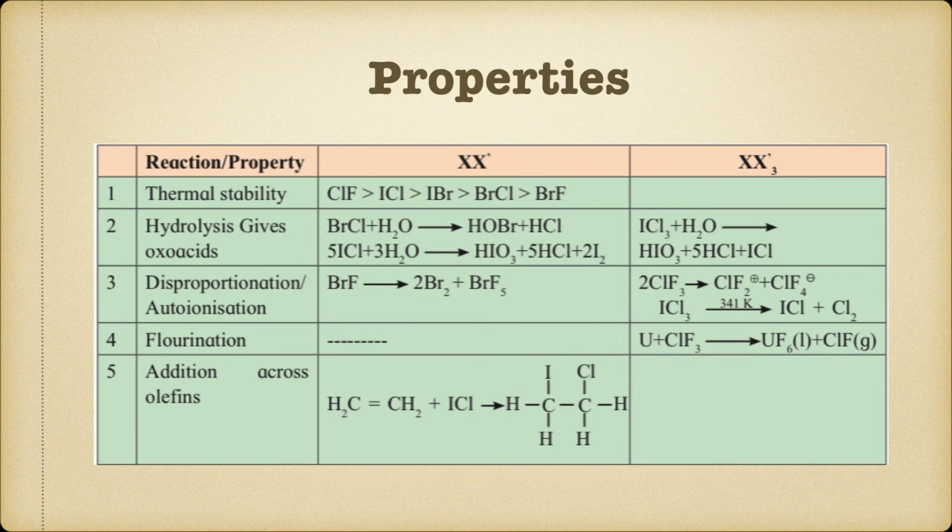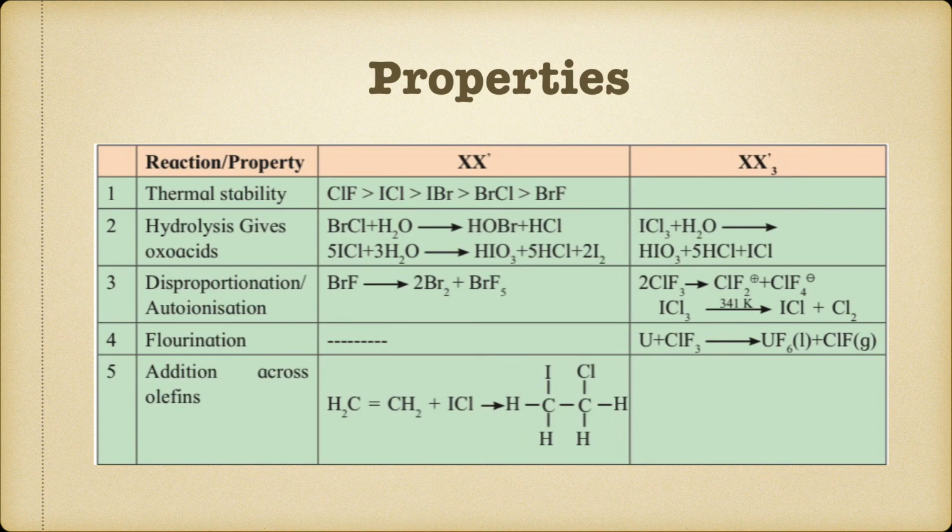Okay, so next one, disproportionation or autoionization reaction. Over here, for XX' type we have the reaction BrF gives Br2 plus BrF5, and for XX'3 we have the reaction as what? ClF3 will give me ClF2+ plus ClF4-, and one more reaction there, ICl3, when it is heated it will give me ICl plus Cl2.